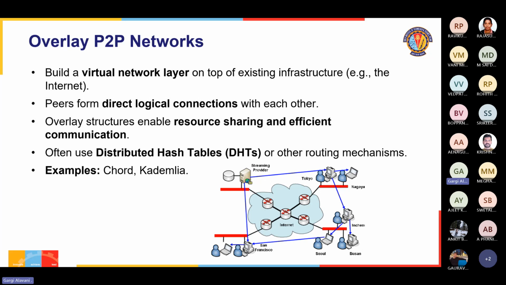The advantage of these networks is that it makes it possible to find any data in O(log n) steps, even if you have millions of peers. So you basically create a virtual network over the physical network and, using a hash table, find the other nodes.